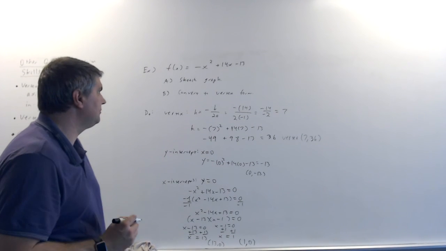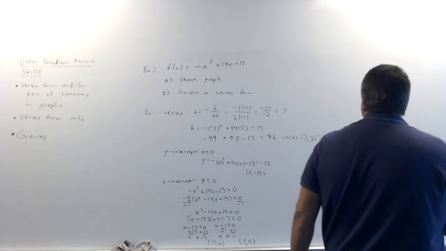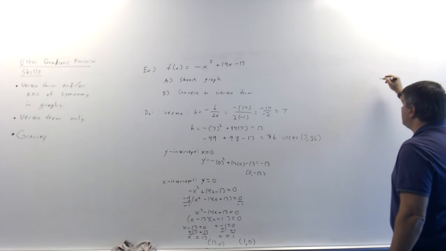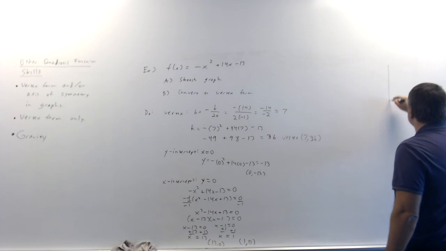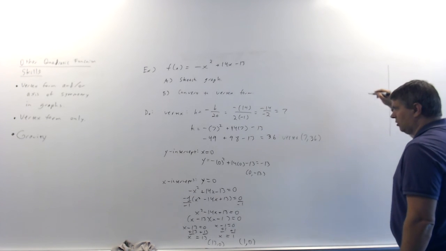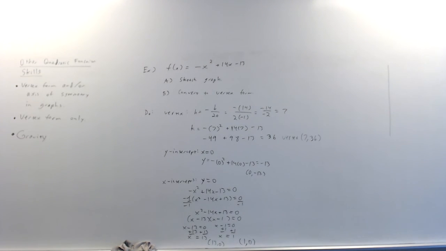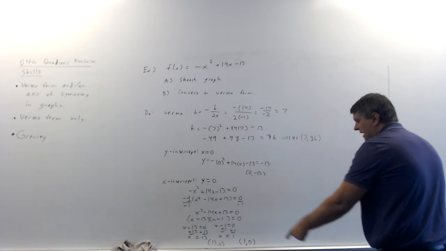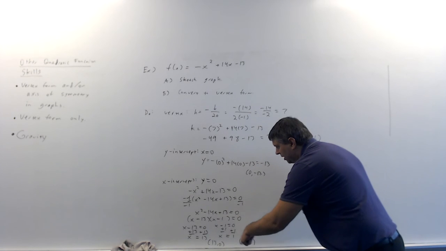Now, this should be enough space. So it looks like I needed to accommodate everything vertically from 36 to negative 13, as well as from 13 to 1.